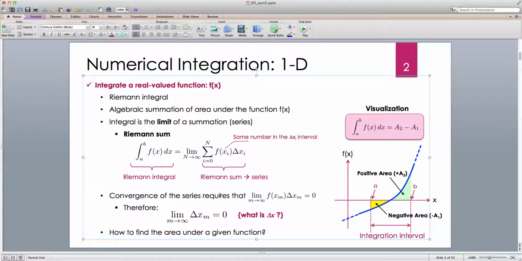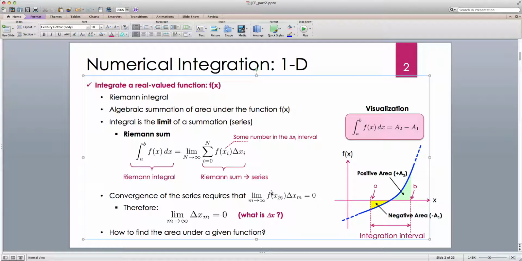And as we discussed previously in the topic of sequences and series, the convergence of the series requires that the generating sequence, this f(xi) delta xi, must have a limit of 0. So the limit of f(xm) delta xm when m goes to infinity, when we have an infinite number of very small intervals, should be 0.